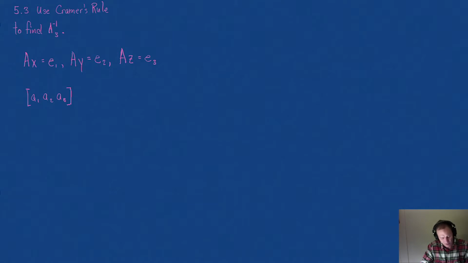We start with the matrix x1, and then you're going to have e2, e3. And this is going to equal the matrix where normally it's b, but in this case it's e1, but then we're going to have a2 in the second column and a3 in the third column.